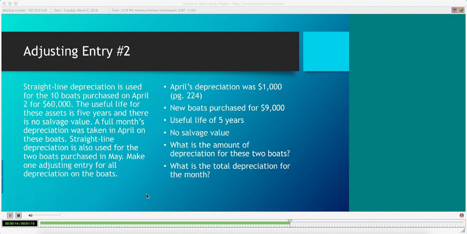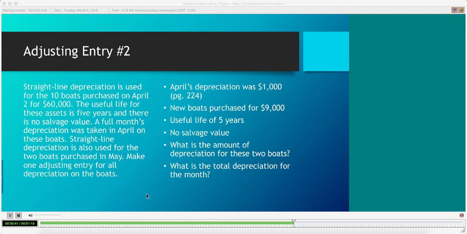These are taken straight out of your textbook. So we're having information from April's transaction plus information regarding the additional boats purchased in May. So straight line depreciation is used for the 10 boats purchased on April 2nd for $60,000. We've already depreciated that once for $1,000.